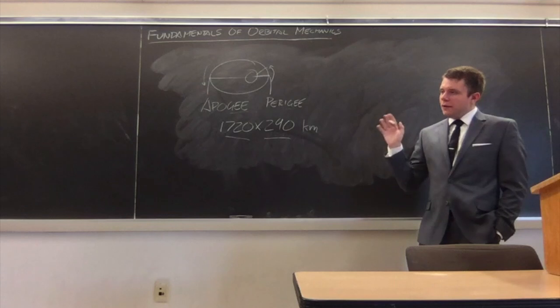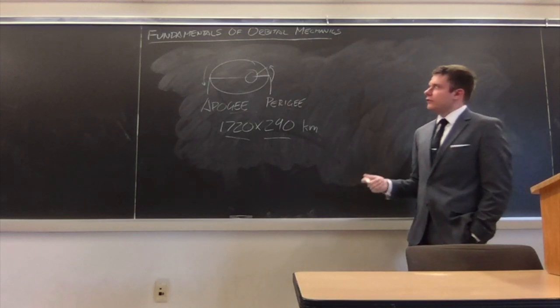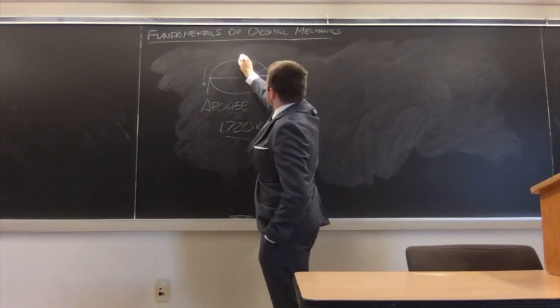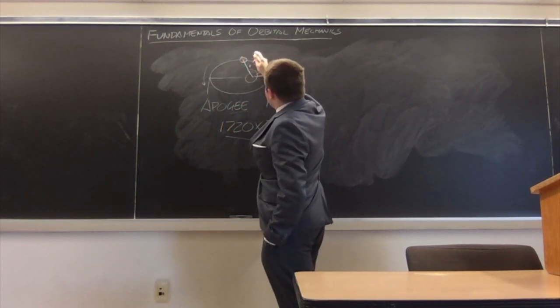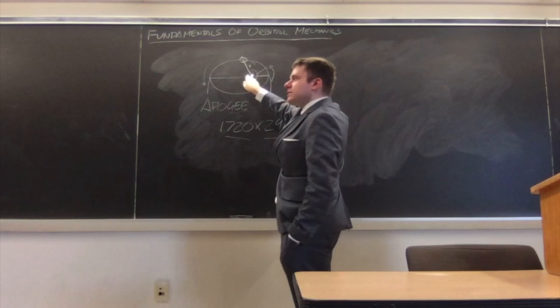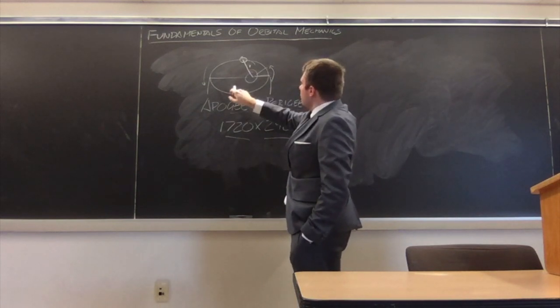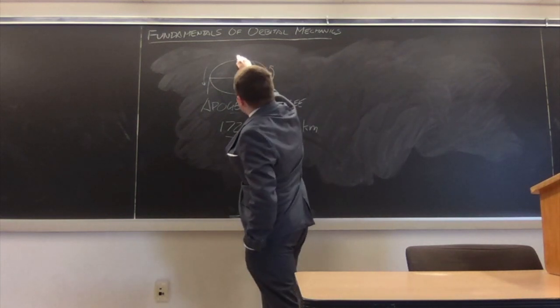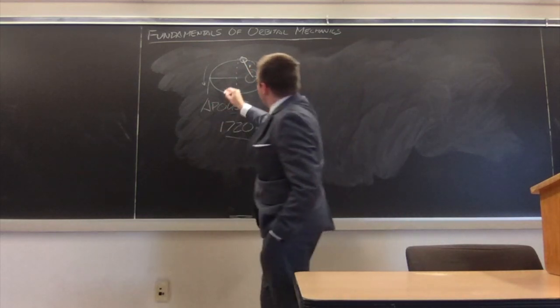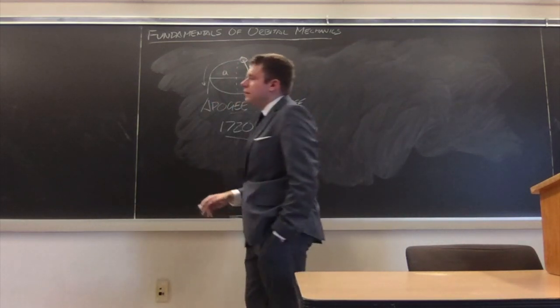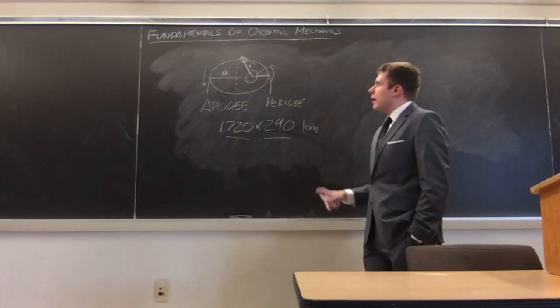So the way that we actually get invested in this is we look at our satellite, which is, say, right here, and we have the radius between the center of the planet in question, which is generally at one of the focuses of the ellipse. We have a mu value. We take the ellipse and split it into geometric halves. I'll use A again because it's the best way I can represent it.